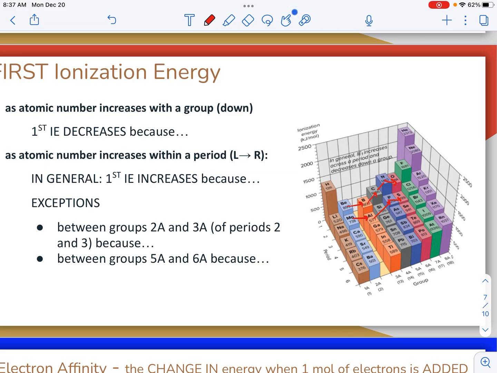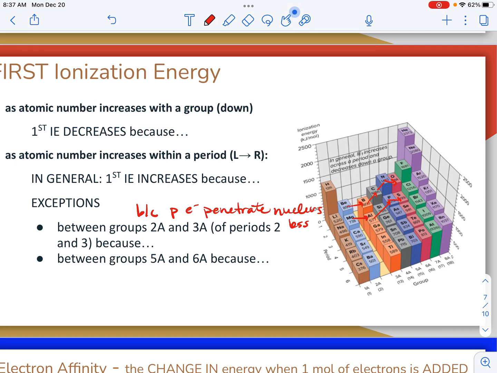Between group 2 and 3A, between beryllium and boron, or magnesium and aluminum, what we're talking about is the idea that this is because the p electrons penetrate the nucleus less, because those orbitals are slightly elongated and they're just not as close to the nucleus, so they're just not as attracted. And so the first one to remove is simpler.